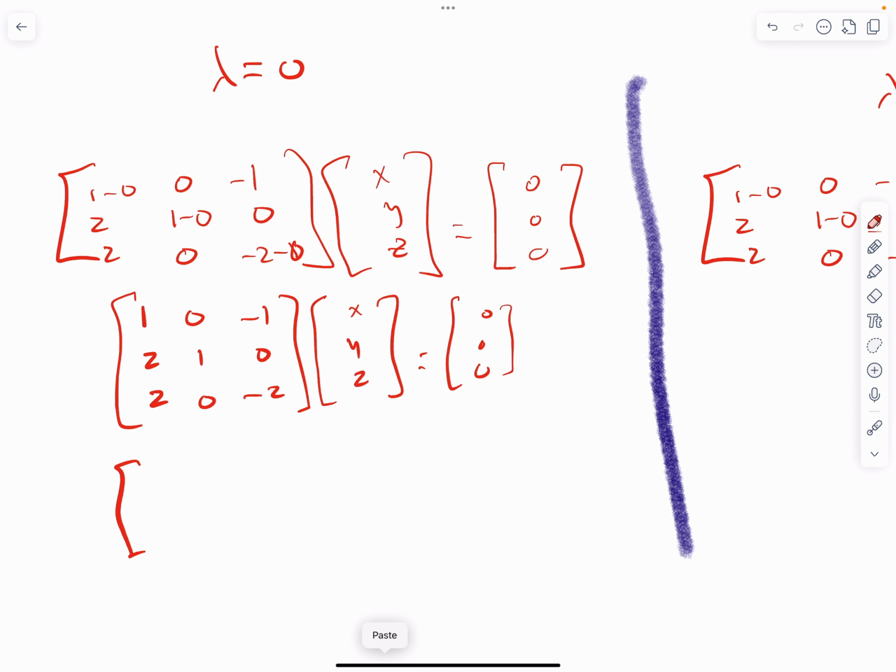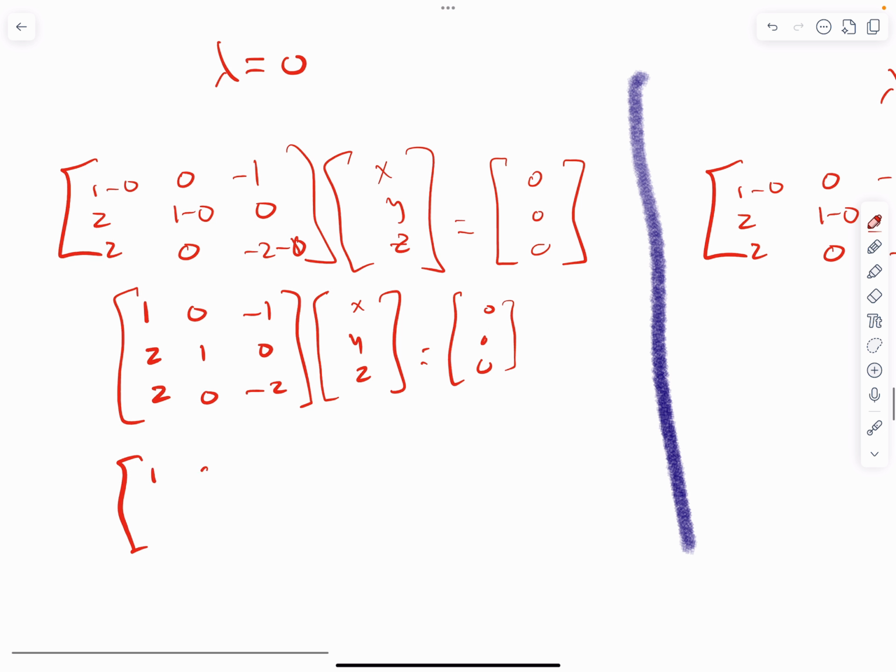Okay, so we're going to subtract 2 times row 1 from row 2 and from row 3. So let's see, this stays the same. This becomes zeros. This stays the same. We're subtracting 2 times row 1 from row 2. So 2 times -1 subtracting becomes positive. Subtract 2 times, sorry about that, 2 times, so it's going to be -2.